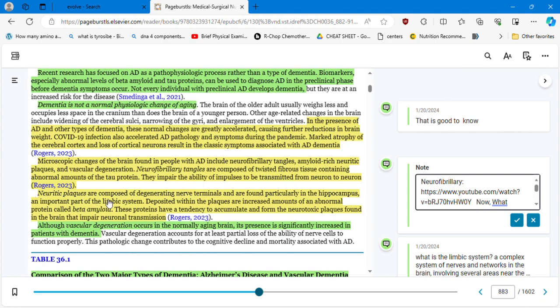Neuritic plaques are composed of degenerating nerve terminals and are found particularly in the hippocampus, an important part of the limbic system. Also, you can go back to the previous chapter, you can watch the video related to this part. Deposited within the plaques are increased amounts of an abnormal protein called beta amyloid. These proteins have a tendency to accumulate and form the neurotoxic plaques found in the brain that impair neuronal transmission.